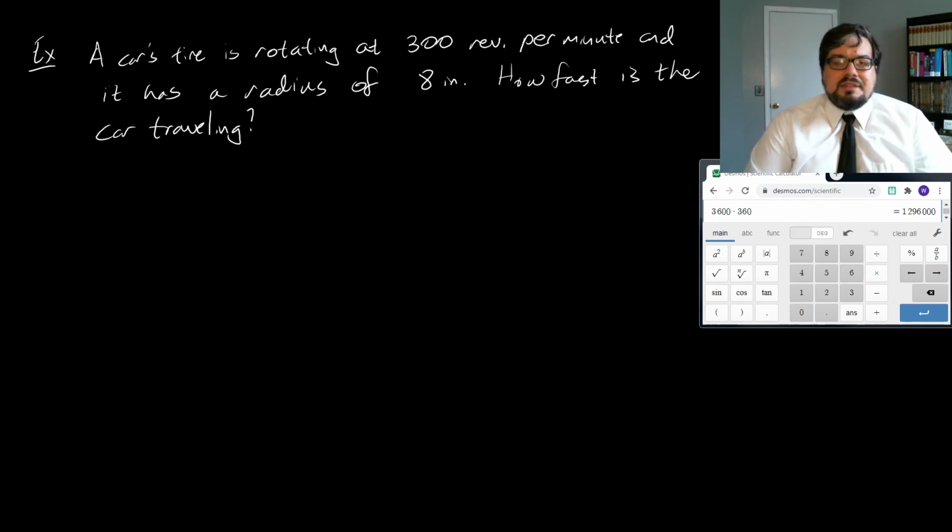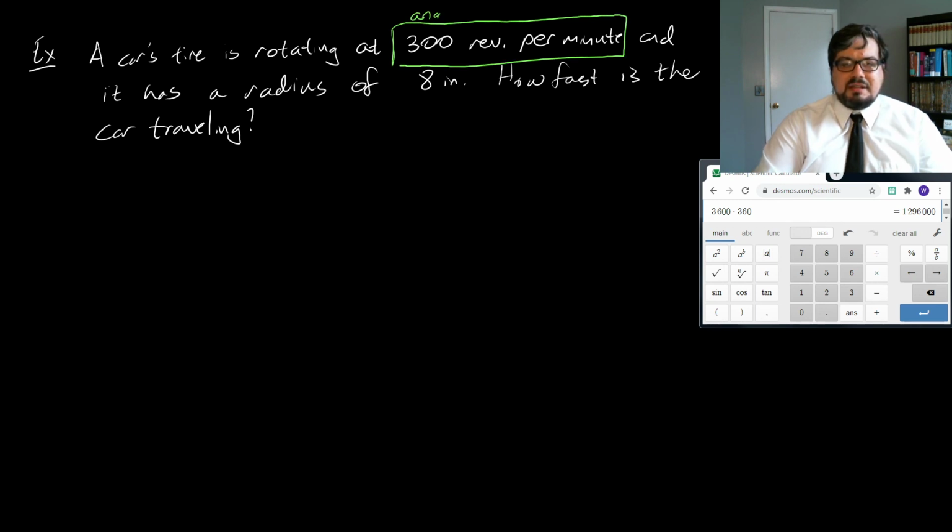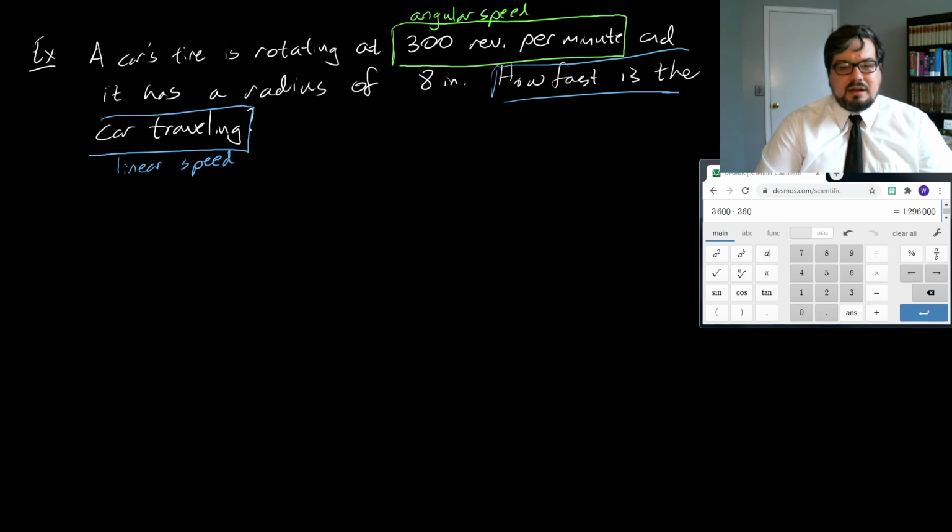So this problem is actually giving us information about angular speed. So rotating at 300 revolutions per minute, this is information about the angular speed of the tire. And then it's asking us a question about how fast the car is traveling. And this has to do with the linear speed of the tire.